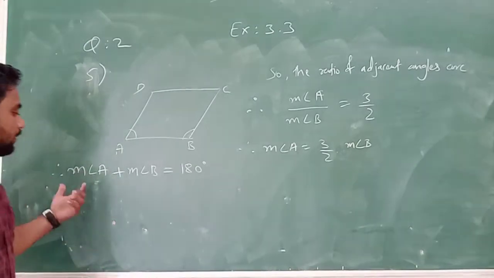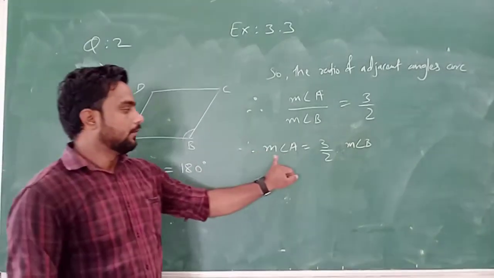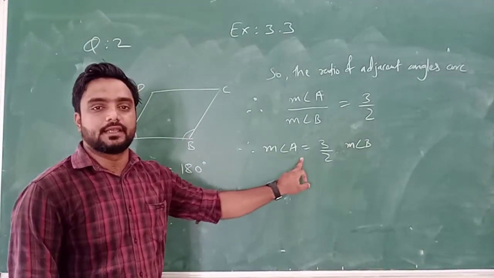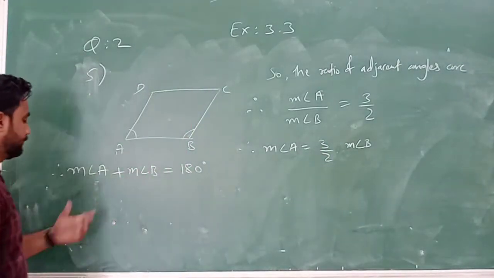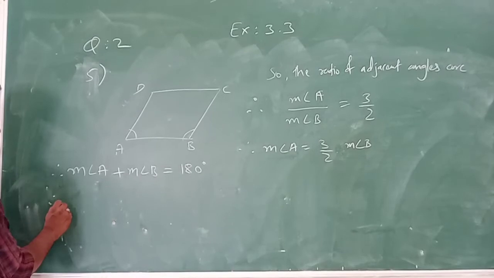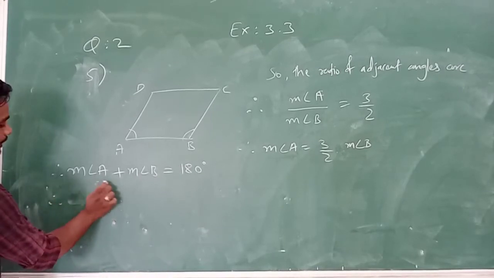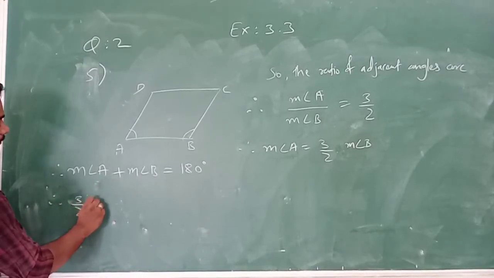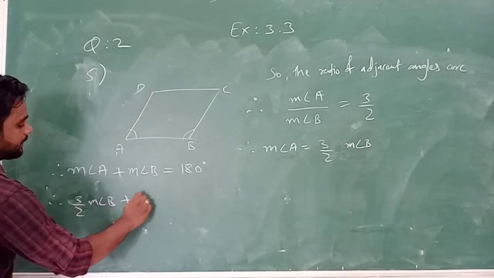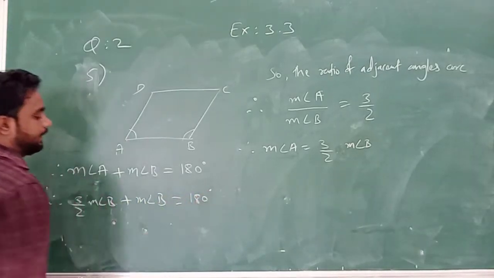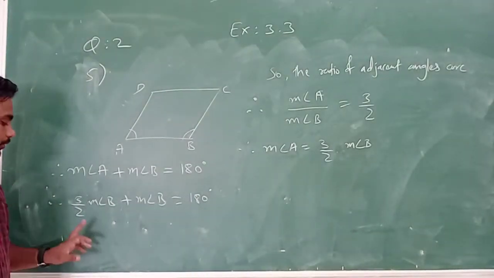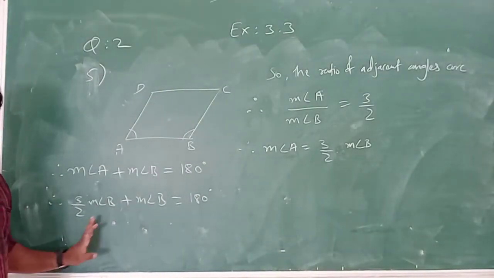Now from this, what is the value of measure angle A? It is 3/2 measure angle B. So substituting here, 3/2 measure angle B plus measure angle B is equal to 180 degrees. Now do the cross multiplication or simplify it by the LCM method.